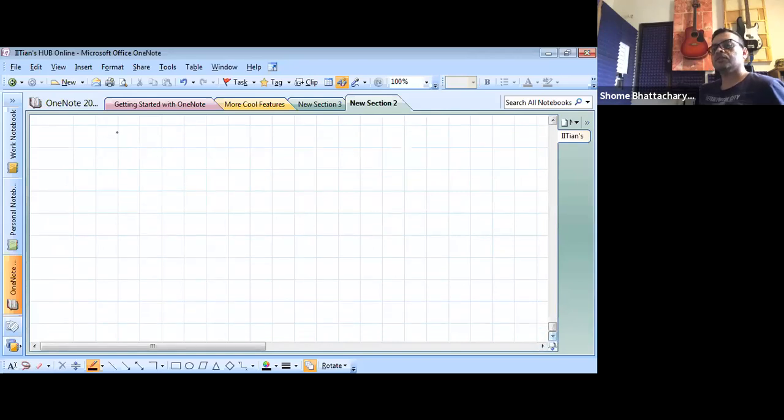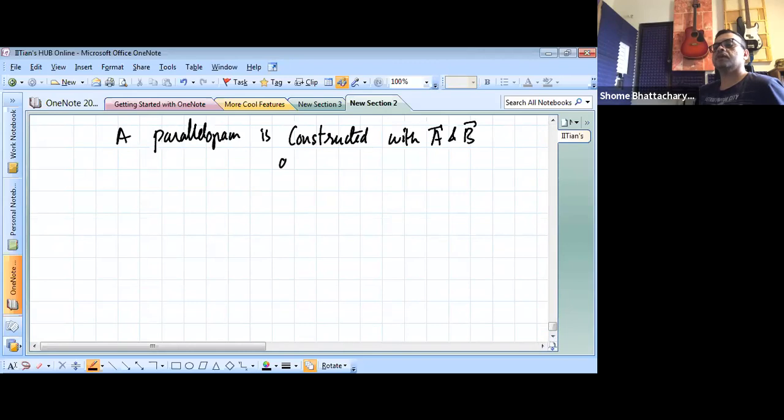A parallelogram is constructed with vectors A and B as adjacent sides from the vertex, let's say O. Let's say this is one of the vertices of the parallelogram.